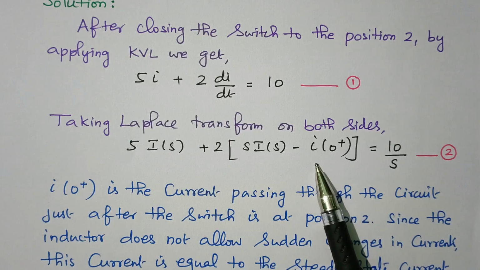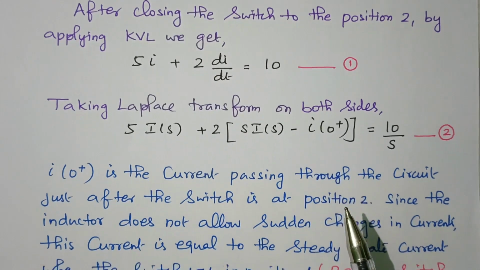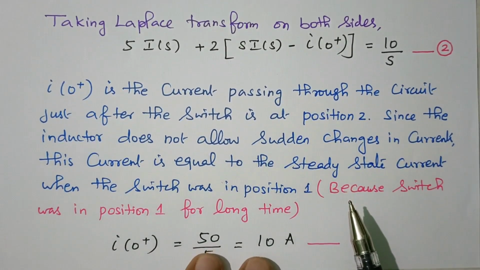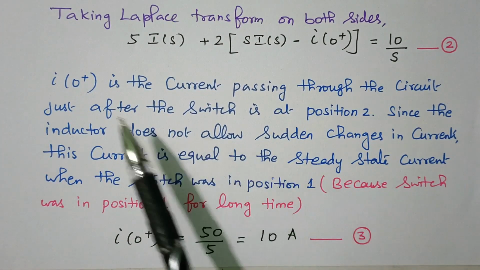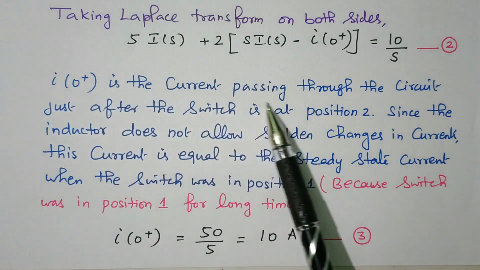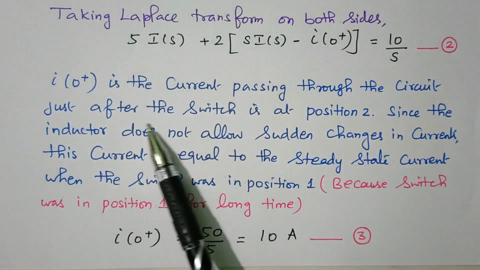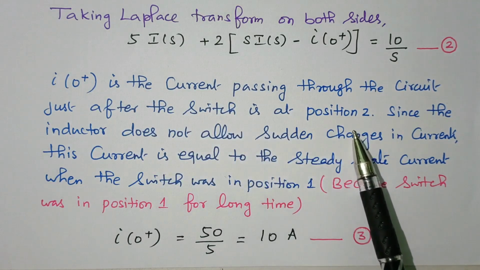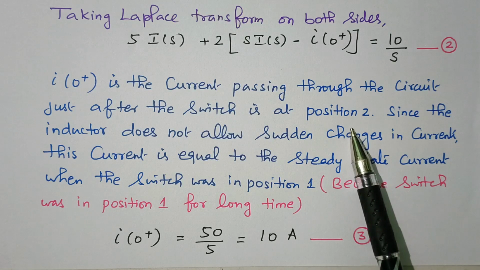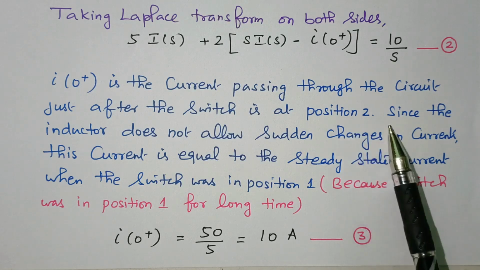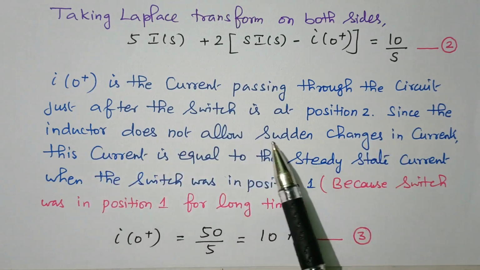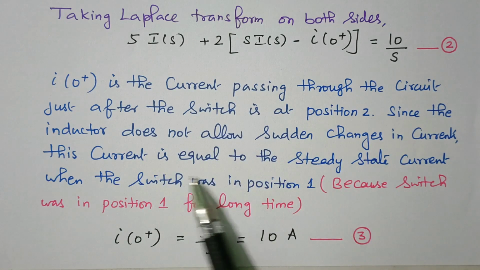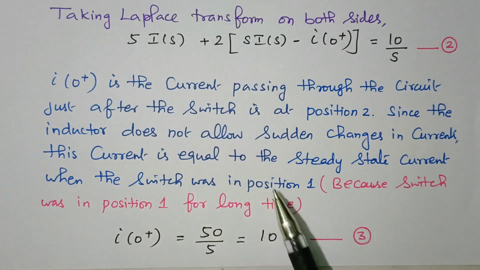Now we'll see what is this I0 plus. We need to subtract the initial current. I0 plus is the current passing through the circuit just after the switch is in position 2. After changing the position from 1 to 2, the current flowing through the circuit. Since the inductor does not allow sudden change in current, this current is equal to the steady state current when the switch was in position 1.